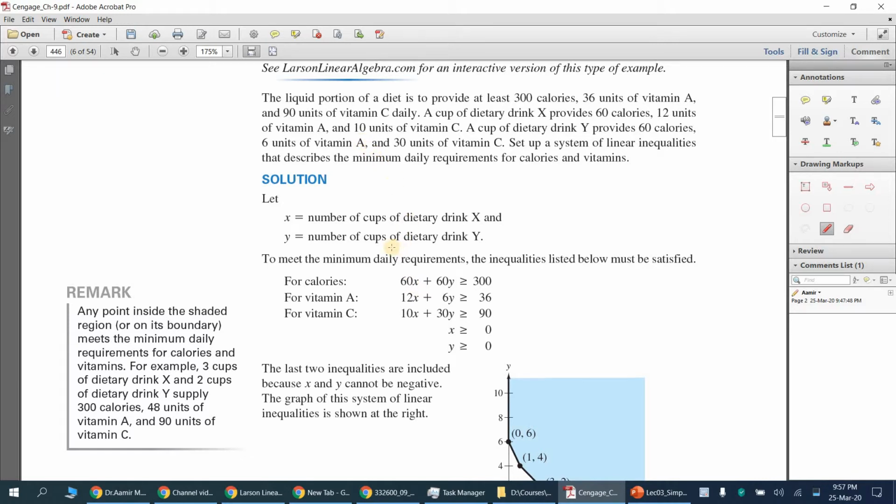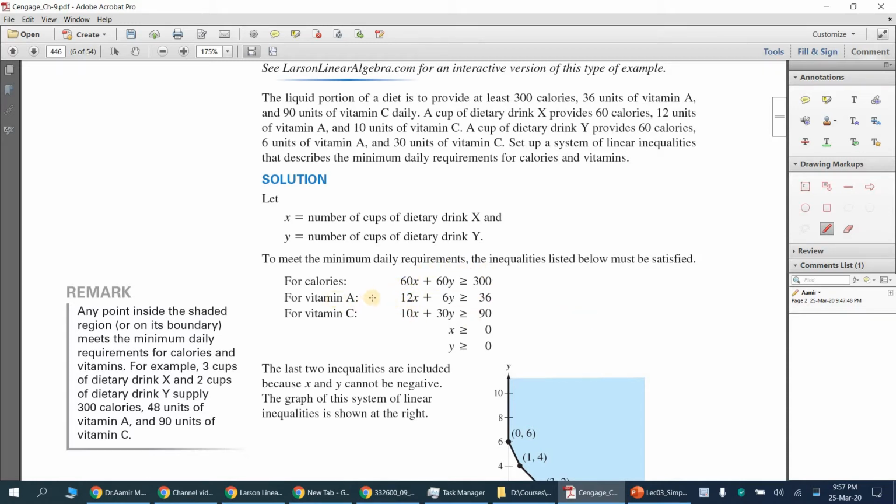For the calories, the equation given is 60x plus 60y, which should be greater than or equal to 300 calories. x and y are the number of cups for drink X and drink Y, and you multiply by 60, which is the calories for 1 cup, and this gives you the whole equation.